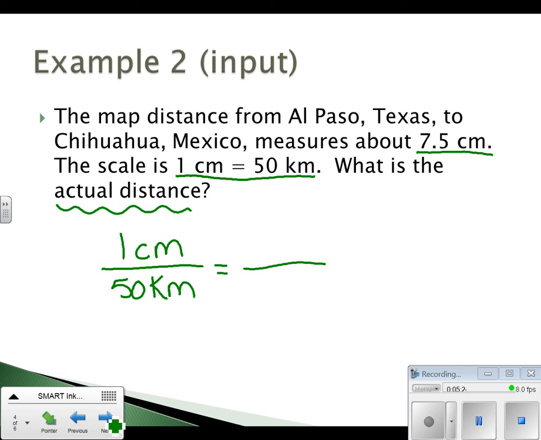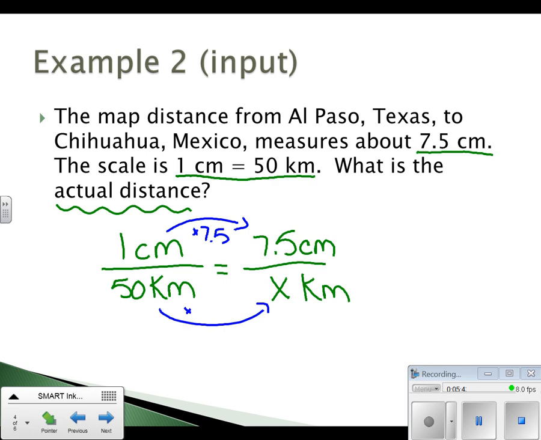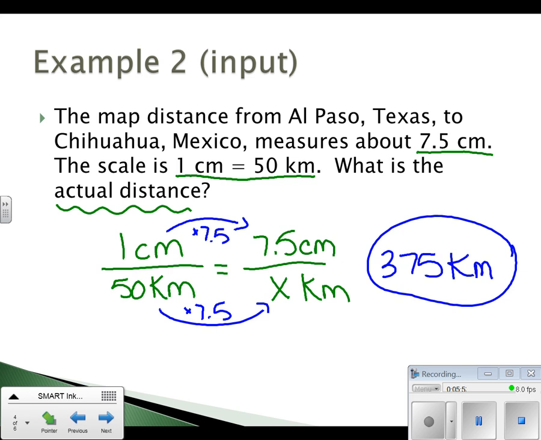So for the map, the distance is 7.5, so I'm putting this on the top, to actual distance, and this is going to be in kilometers. And so from here we can solve our proportion. 1 times 7.5 is 7.5, so we do the same to the bottom. 50 times 7.5 gives me 375 kilometers. So this right here is the actual distance between those two cities.